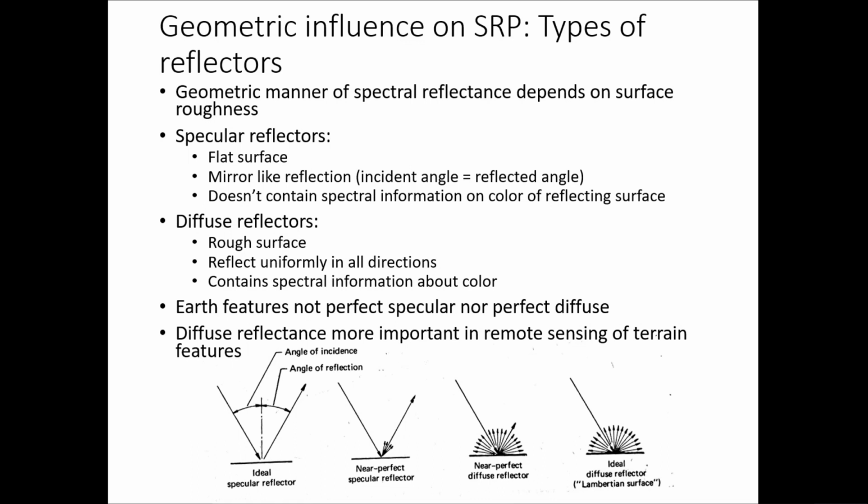But if you are sensing that using a long wavelength microwave, this fine grained sand will appear as a very smooth material. All right. So these are the two types of reflectors. One is a specular reflector and another is a diffuse reflector. So all the earth features reflect in between an ideal specular reflector or an ideal diffuse reflector. So diffuse reflectance is more important in remote sensing of terrain features. All right.